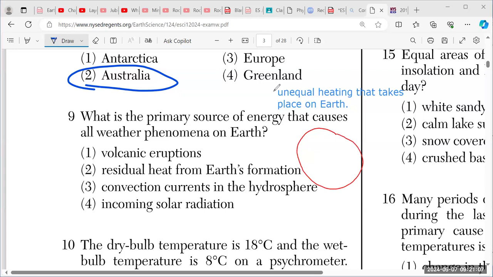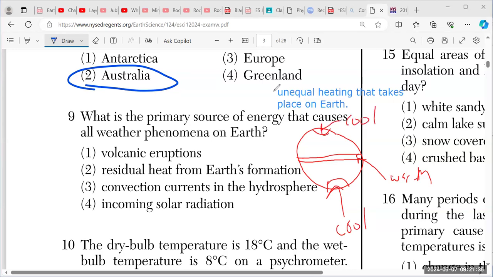Just giving an example. We know that there is more energy from the sun that's concentrated at the equator than at the poles, right? And so because of this, the equator is generally warm, and the poles are generally cool.